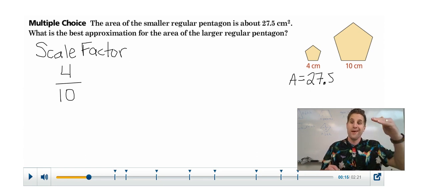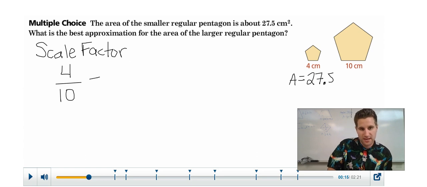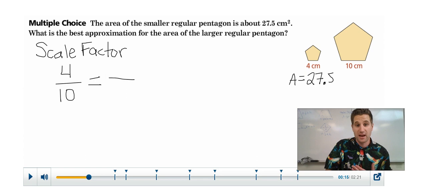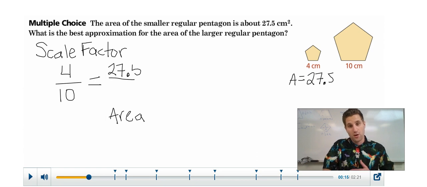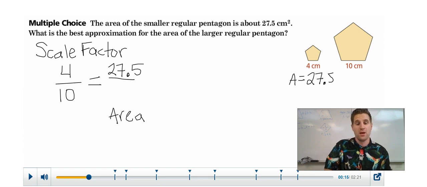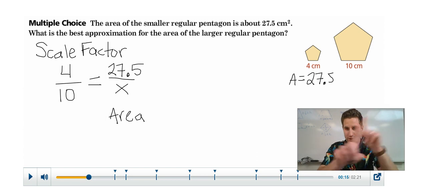This we would call A over B. Now we're looking at area. So if I just said, oh, then this must be equal to the area on this side, and I did 27.5 on the top because that is associated with the 4, and x on the bottom, this would be the wrong equation.